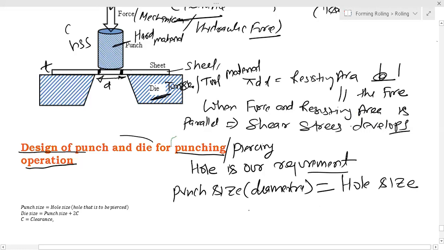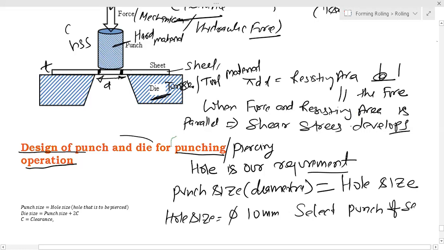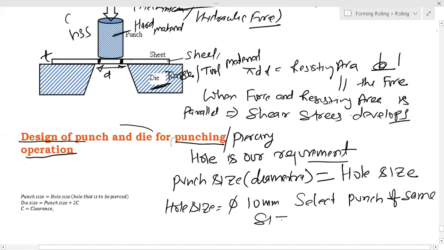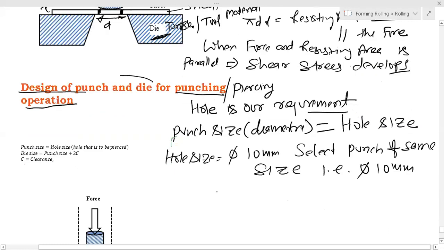Means if you want to make a hole of diameter 10 millimeter, this is our hole size, and that is our requirement. You have to select punch of same size, that is diameter 10 mm, and die will be bigger.